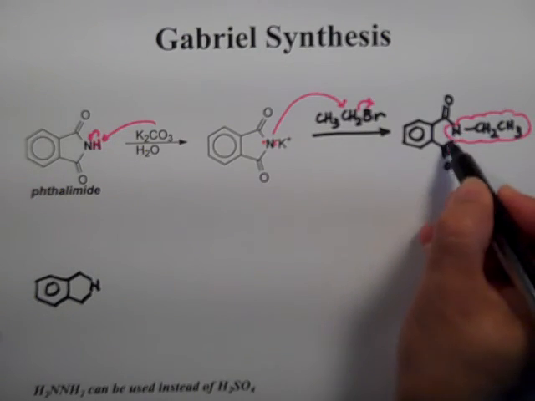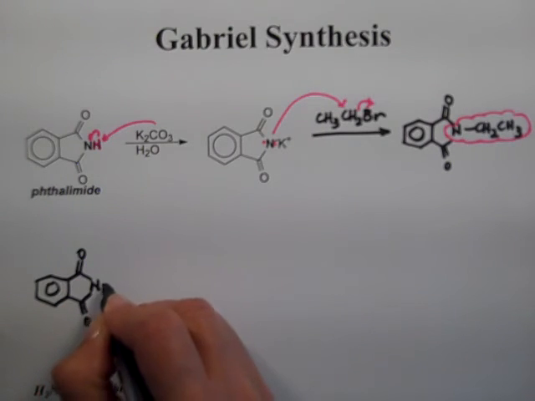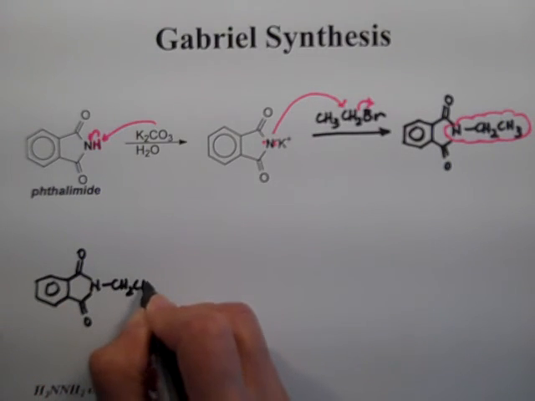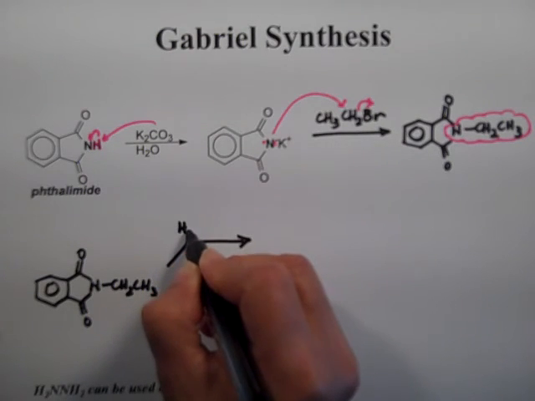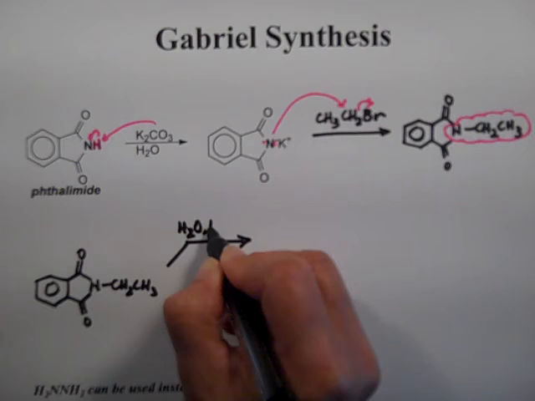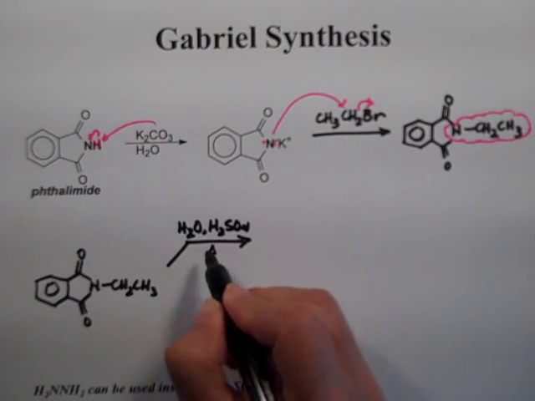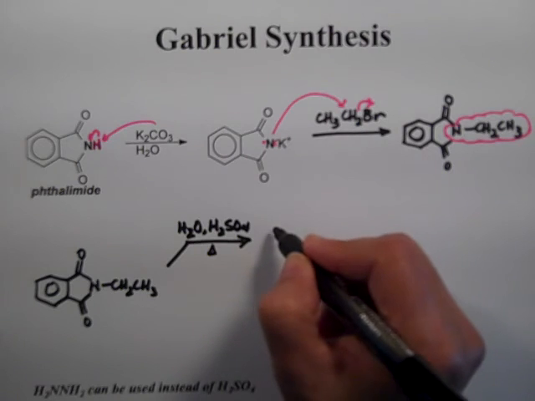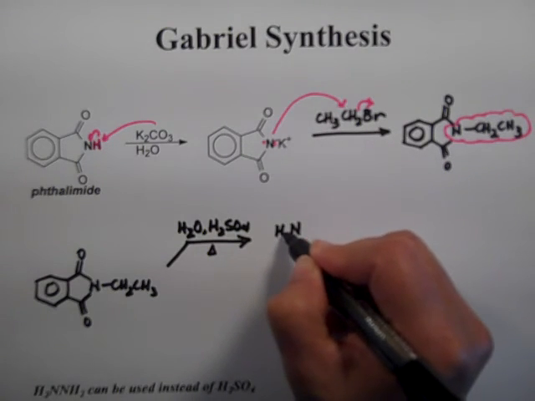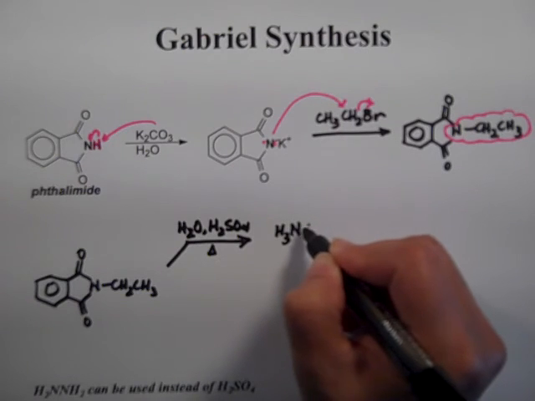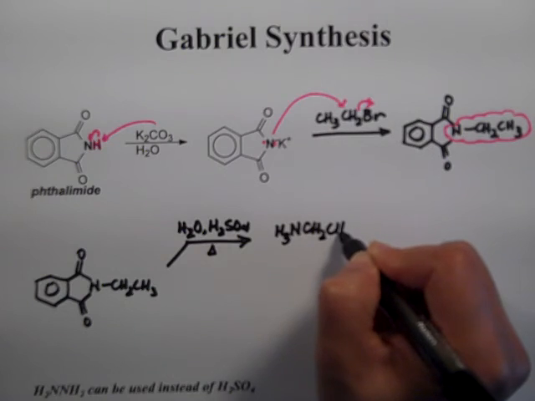The anchor, what I have right here is an amide, and I can hydrolyze it. So if you wanted to add water and sulfuric acid, and then just heat it up, reflux it for a couple of hours, then you can do that. You will get CH2CH3.